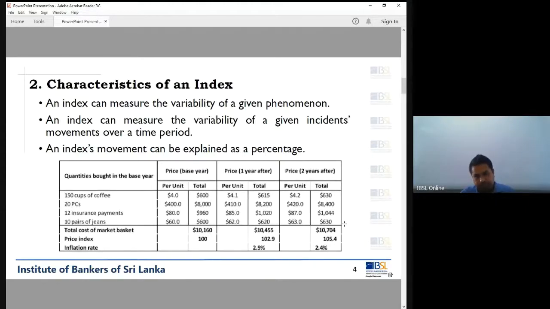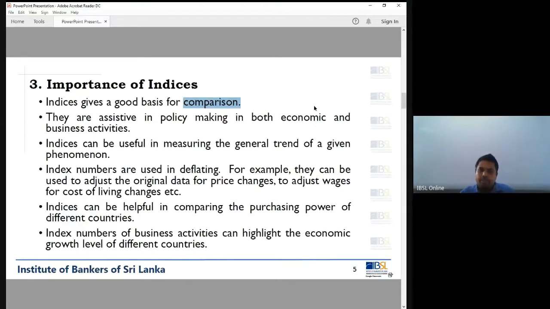Okay, right. Coming back to the importance, it's a good basis of comparison without any doubt. Second point, they assist in policymaking in both economic and business activities. So let's say nowadays, if you look at some of the important indices, you may discuss what has happened to inflation in Sri Lanka.